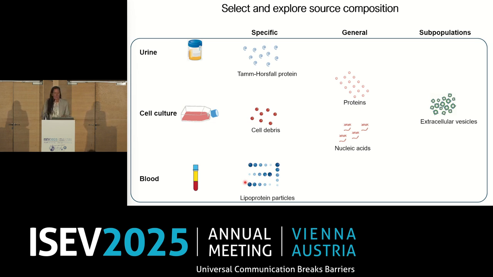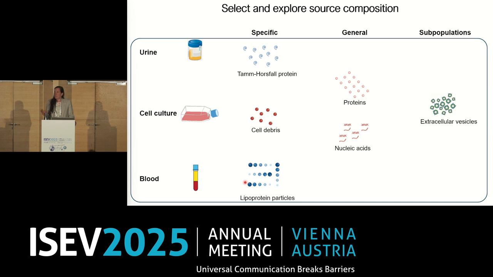Besides that, there are also some more general types of particles and components that reside in all these sources, such as proteins and protein aggregates, but also nucleic acids. And of course, besides that, there are different types of extracellular vesicle subpopulations which we aim to analyze and study.